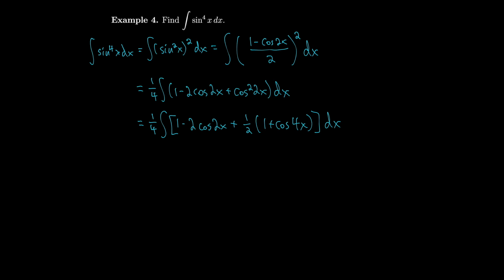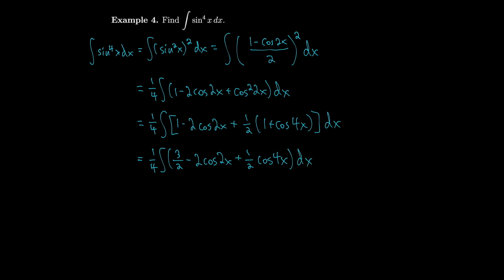Because in this case, we were starting with 2x, so in order to use our half-angle identity, we had to go to 4x instead of just going from x to 2x. So this is 1/4 of the integral of 3 over 2 minus 2 cosine 2x plus a half cosine 4x dx.